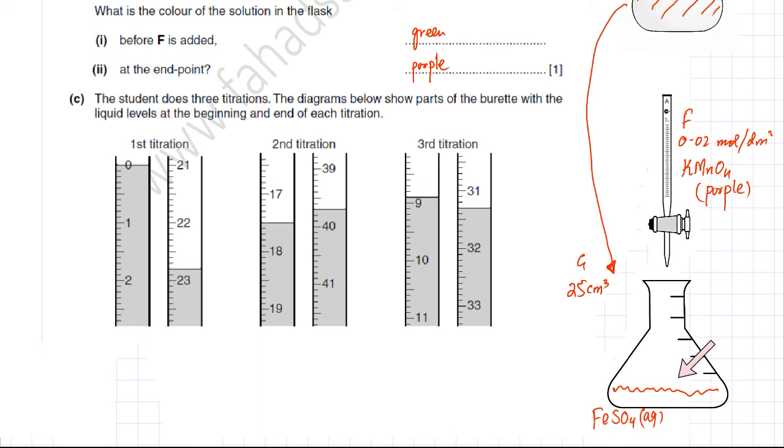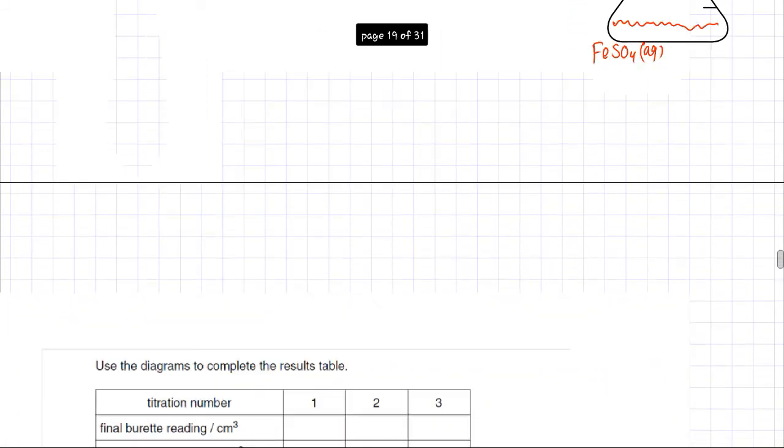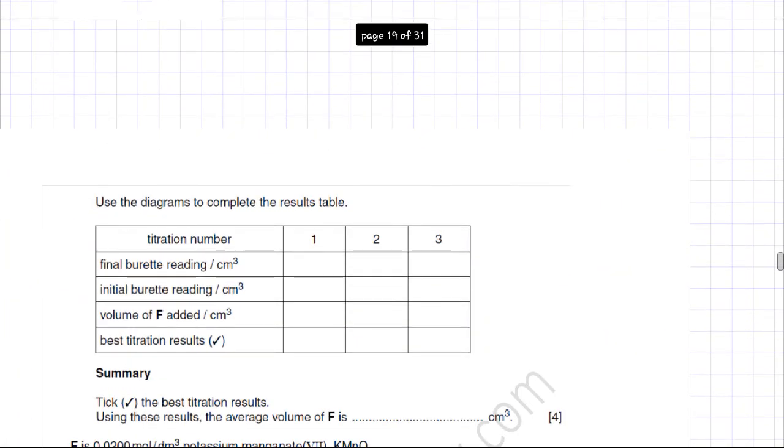We're going to find out what volume of KMnO4 was actually added into the conical flask. If you look at the first titration, the initial and final burette readings are given. The initial burette reading is 0 centimeter cube. He's given us a table after that as well, so we need to fill this table.